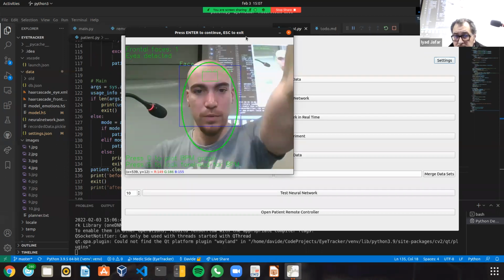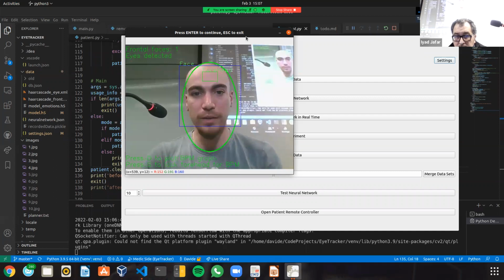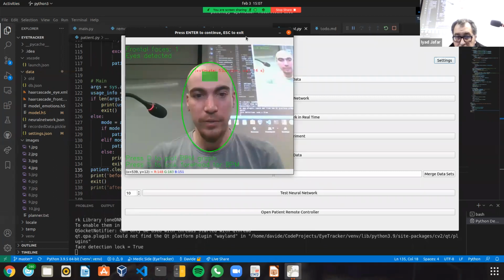Okay, now it is a bit better. Obviously, in a real environment it will be better than this. But here we can lock the region on the forehead to estimate the heart rate.